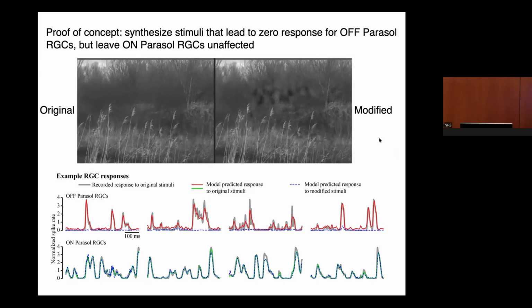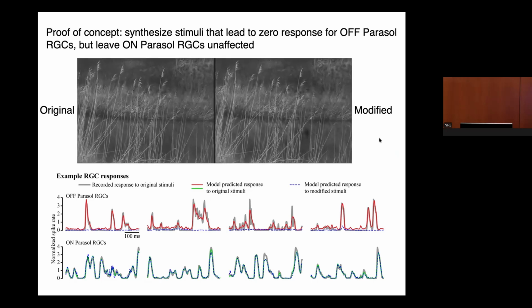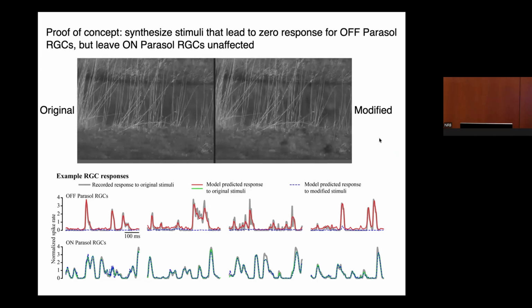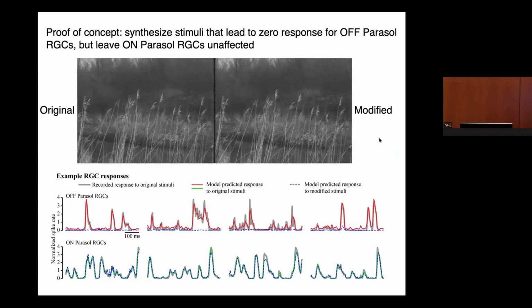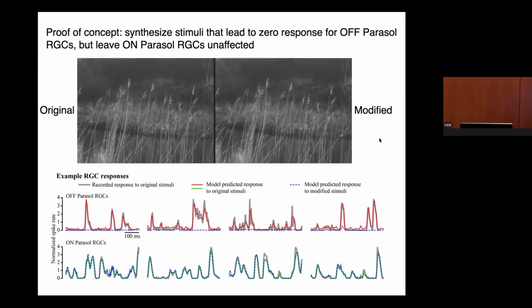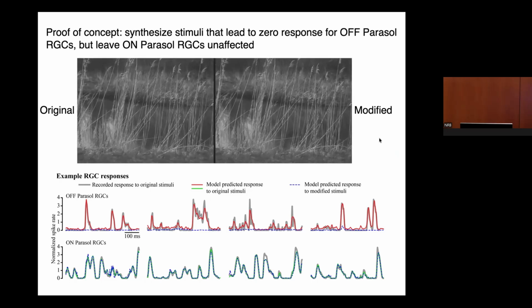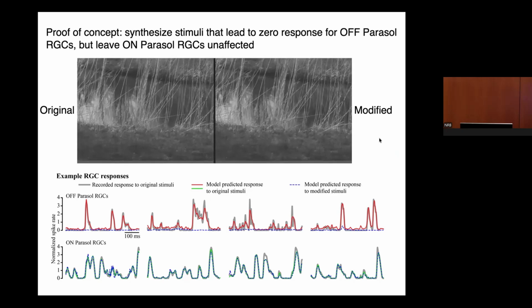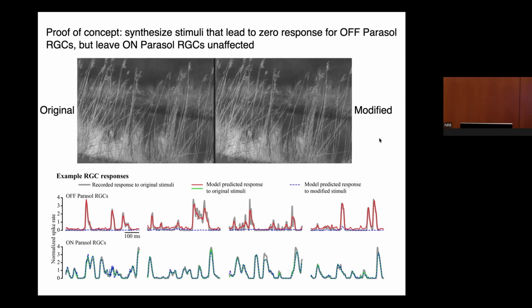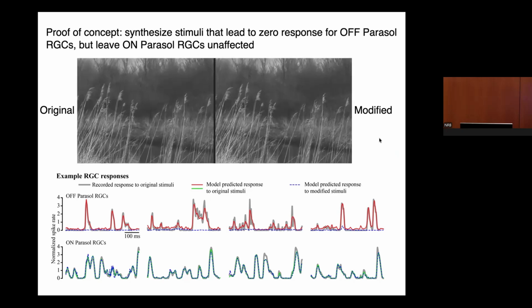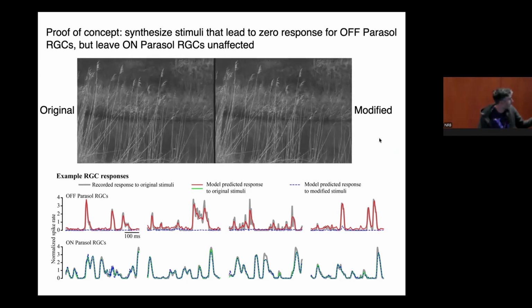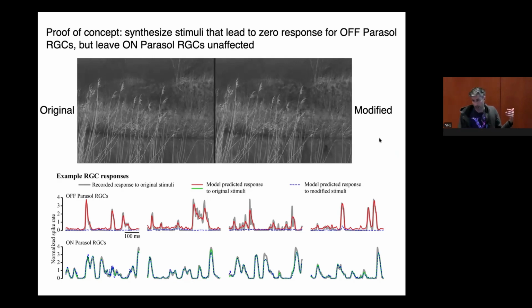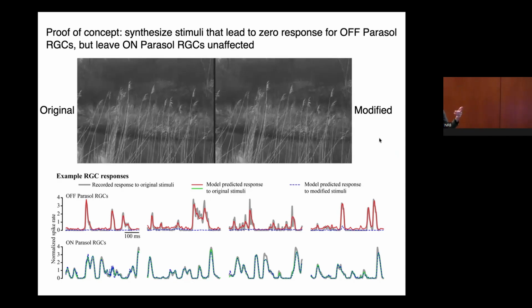So as far as our model can tell, this stimulus won't drive the off-parasol cells at all. When we look at the on-parasol cells, the predictions in green for the original movie and predictions in blue for the modified movie are identical by construction. So again, as far as our model can tell, we have stimuli that should be able to isolate one cell type and leave the others unaffected.